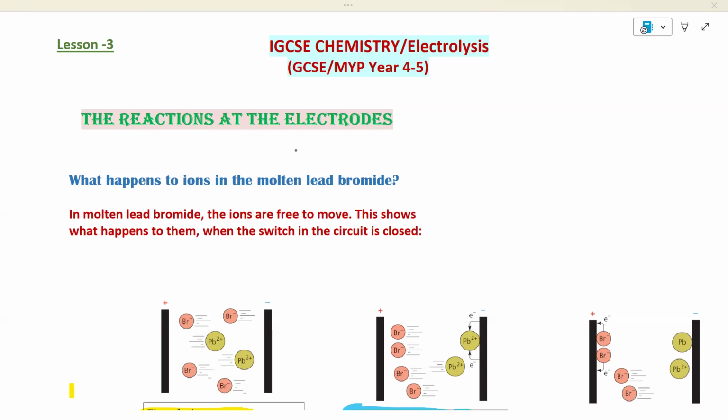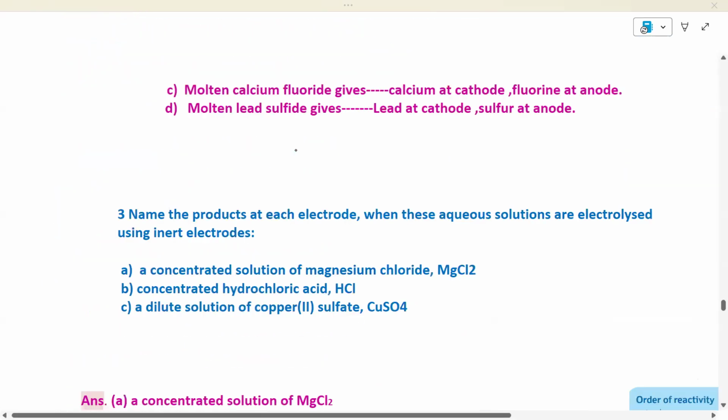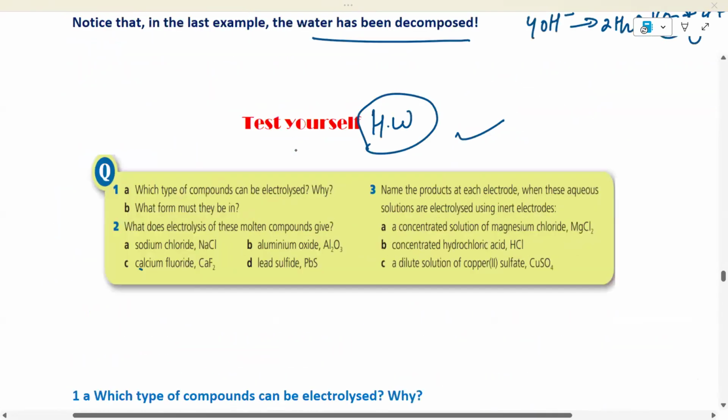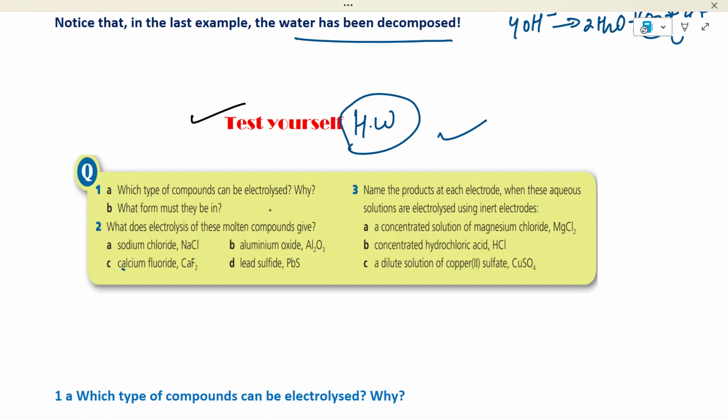Before we move on to the next topic, let's review the homework from our last lecture. I had given you this homework. Question 1 is, which type of compounds can be electrolyzed, why, and what form must they be in?